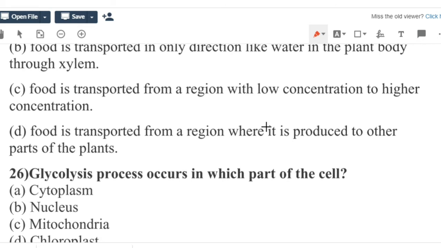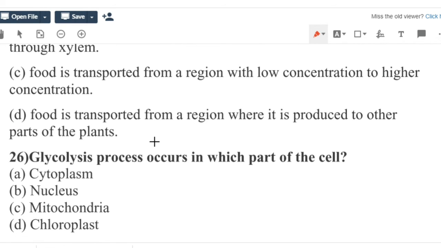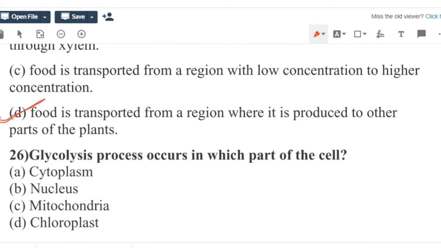Food is transported from a region where it is produced to the other parts of the plants. We all know that the transport of food is called translocation, and it is bidirectional, right? It is not unidirectional, it is bidirectional, because food is produced in one place and it has to be transported to other parts of the plant.